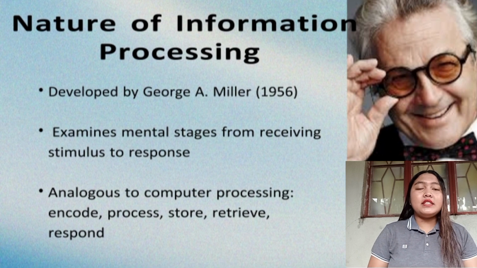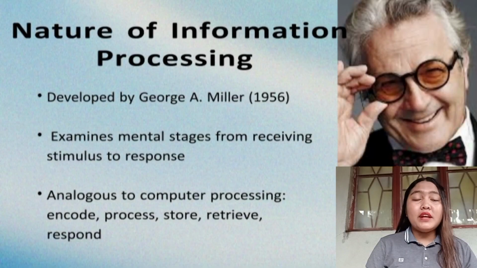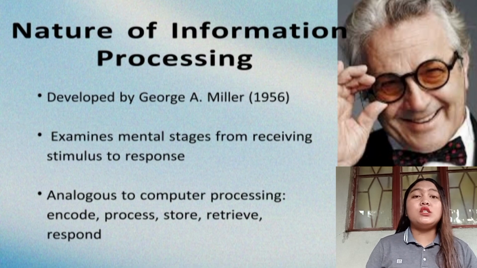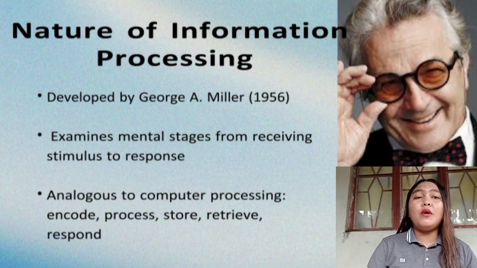Next, it starts processing the information, thinking about what it means. In process, we see the meaning of what we hear or see. Next, our brain stores important details so we can remember them later. When needed, it retrieves this information. Finally, based on all these steps, our brain responds by acting or saying something.